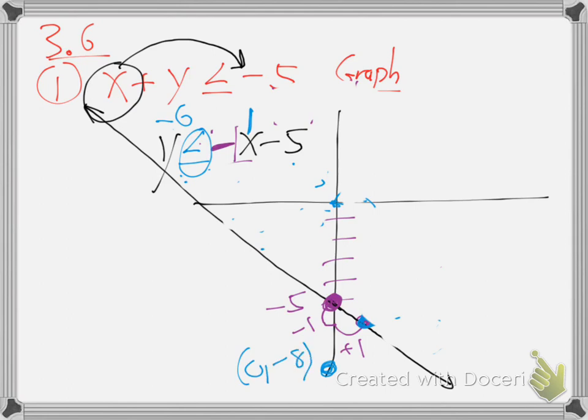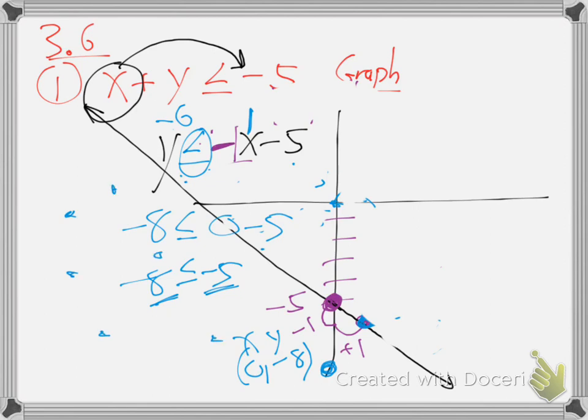If you put in x is 0, y is negative 8, see how it comes out less? Negative 8 is less than negative 5? That would be true for any point you plug into that thing that's below. All these millions of dots out here, if you put in their two numbers, right? Every dot has two numbers, right? How far over, how far up or down. If you put in all their two numbers to this thing, they'd all come out less.